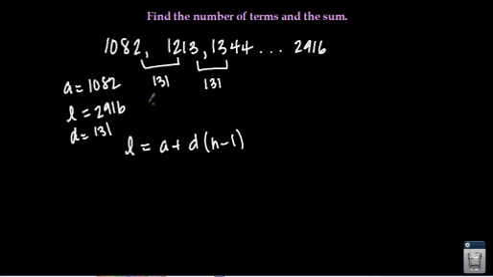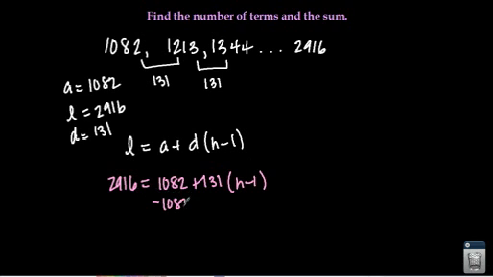So as a reminder, if you're not sure how to proceed, you can jot down the formula and then figure out what you need. Okay, so I'm going to go ahead and plug in what I know, like I did in the prior examples, and I'm going to solve for n. So I've plugged in everything I've listed above, and now I'm going to subtract 1,082 from both sides.